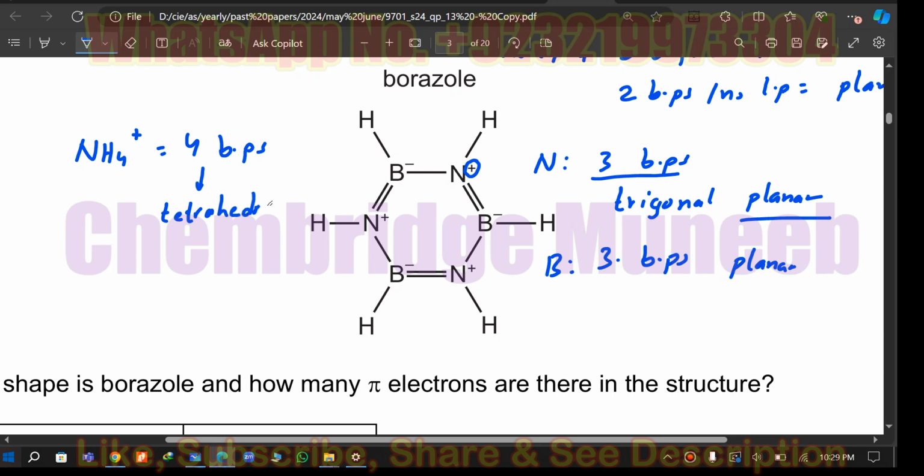And keep in mind that tetrahedral is a non-planar structure. It is not a planar structure. However, in the case of boron or nitrogen here, there were 3 bonding pairs and the structure becomes planar, which comes from the word trigonal planar.